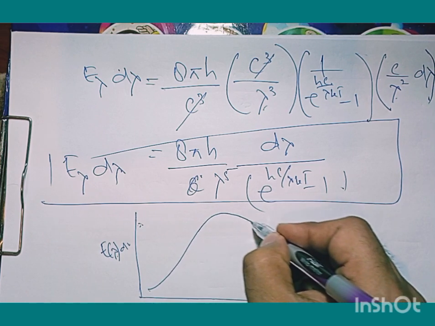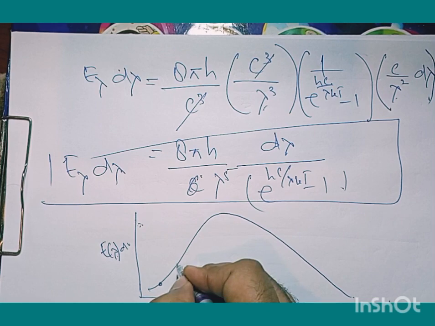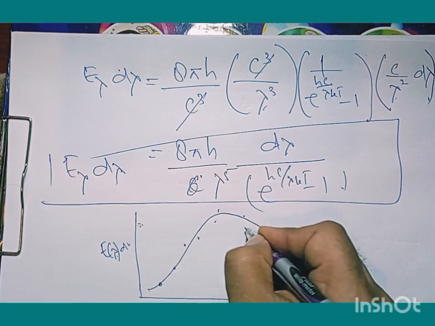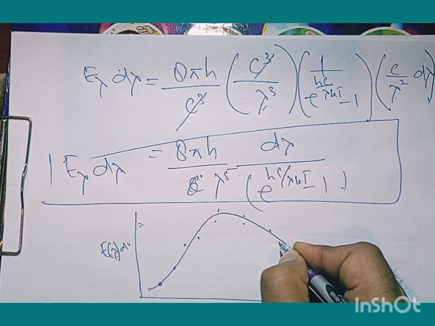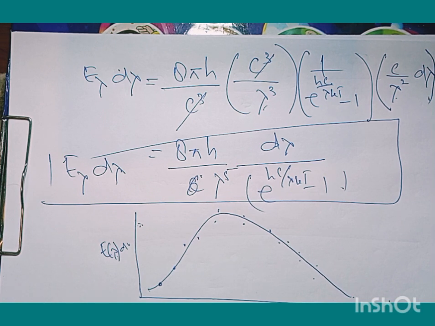So this is our theoretical curve, and these are our experimental points. We can see that the theoretical predictions of Planck's blackbody radiation law are very much consistent with what is experimentally obtained here for wavelength.